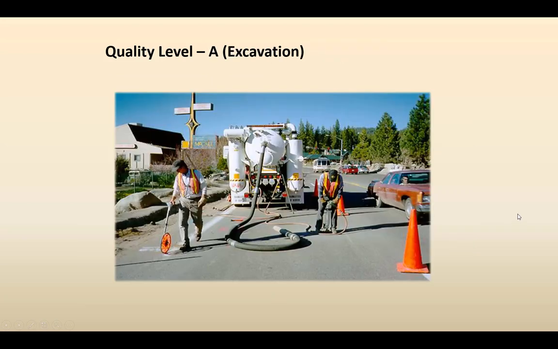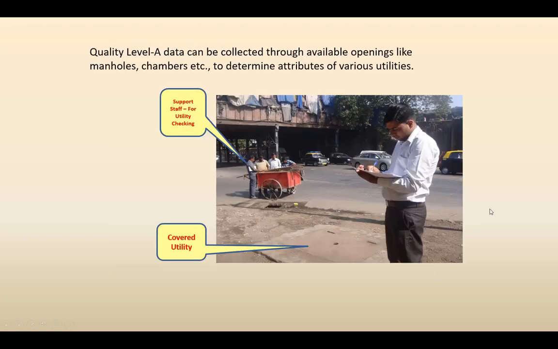Quality level A basically involves excavation at the location of the utility, so you are able to find out the exact depth of the utility and note the vertical position. Sometimes it is not required to do vacuum excavation. You can actually open the existing chambers, manholes, and do this.